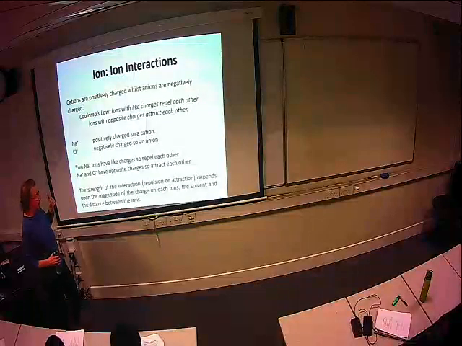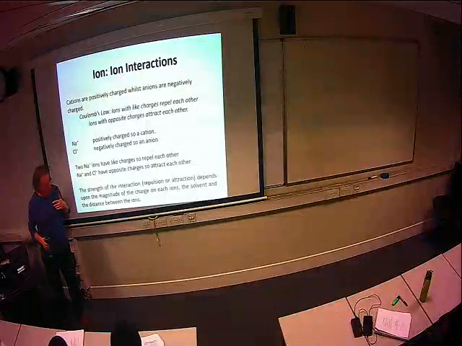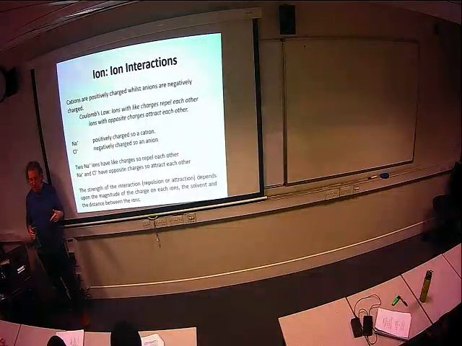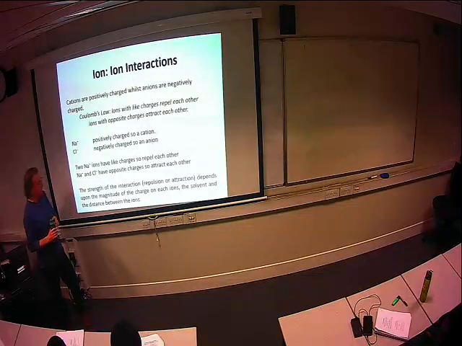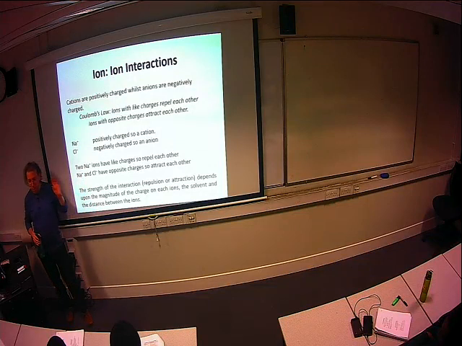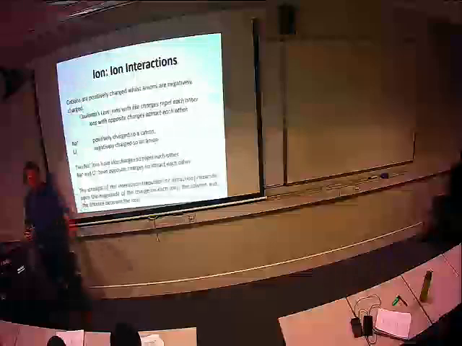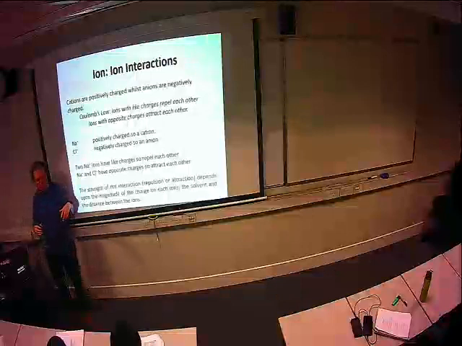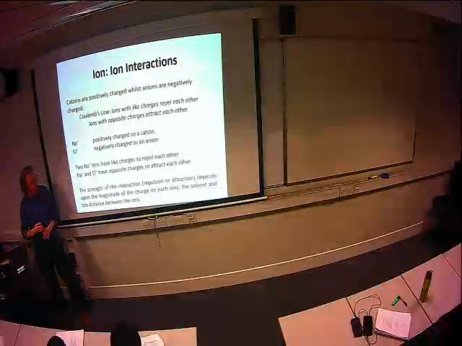But it's also going to depend on this distance between the ions. We'll see the distance relationship for the strength of the interaction in a minute. And it also depends on what's around the ions, the solvent that they're dissolved in, or more generally their local environment.